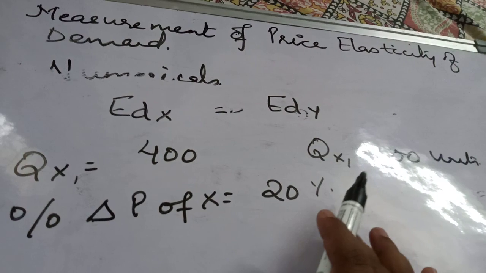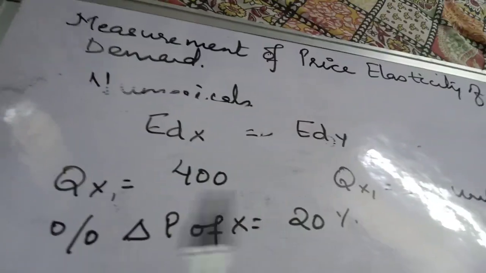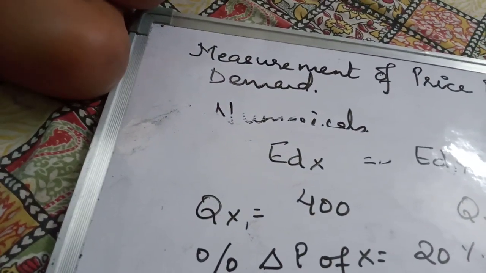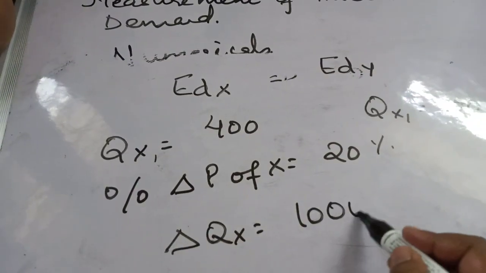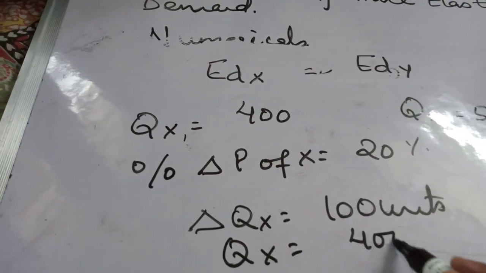So the only thing which you can do is convert this quantity into percentage. The change in quantity demanded is delta QX is 100 units. Okay, the initial quantity is 400 units.